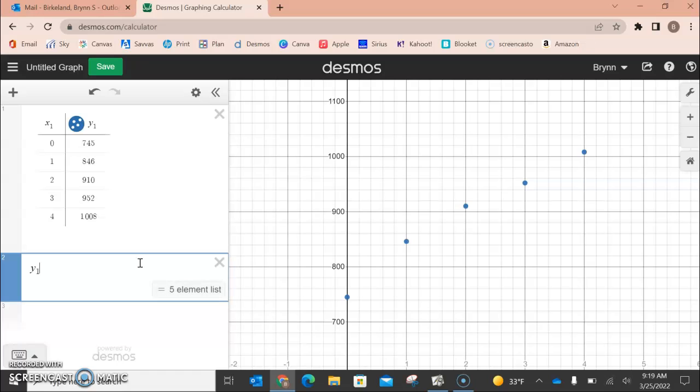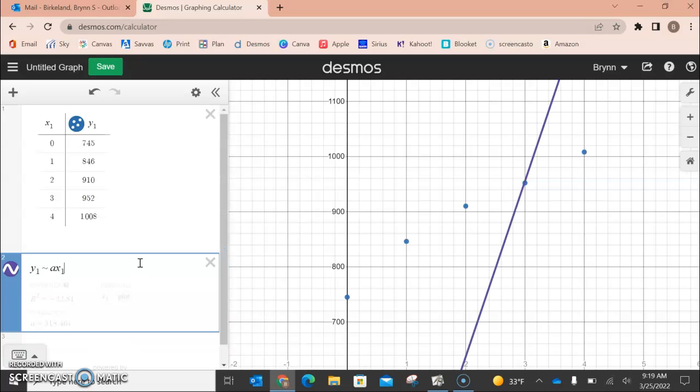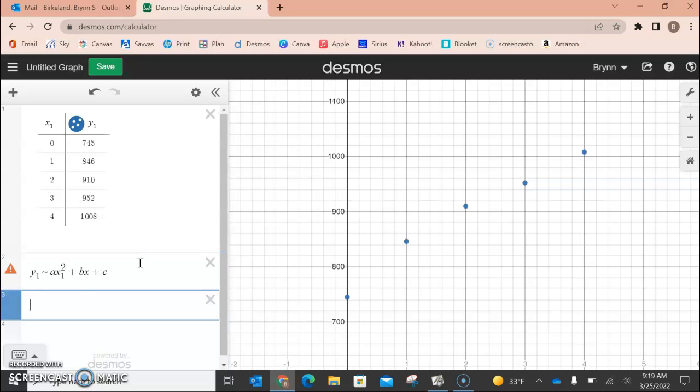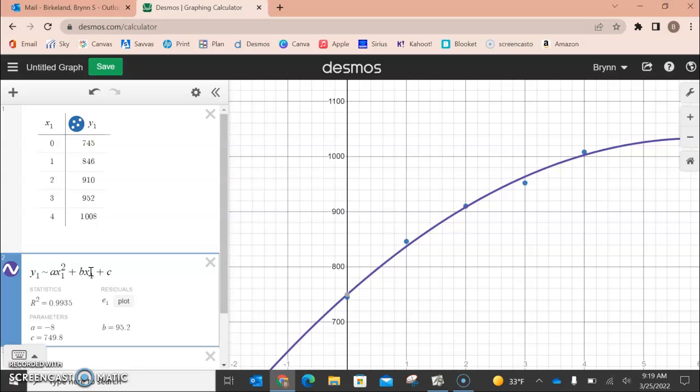So we type our y1, and the little tilde button is shift with the far left button by the 1. And then we type ax1 squared plus bx plus c. And when we hit enter, oh, I messed up something. I forgot my 1 here. It now creates our equation. So there's the -8, there's the 95.2, and there's the 749.8.